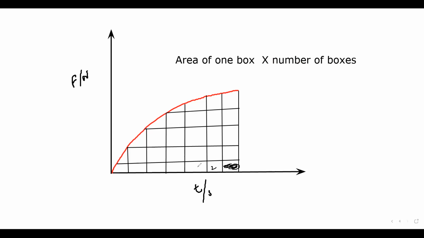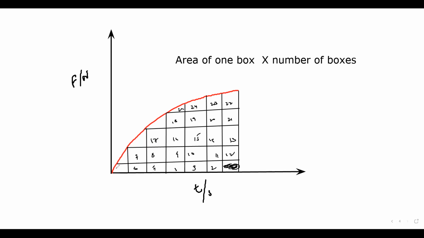So this will be 1, 2, 3, 4, 5, 6. First we'll take the complete boxes, 7, 8. So 23 are full boxes, complete boxes. Then 24 is these two combined.